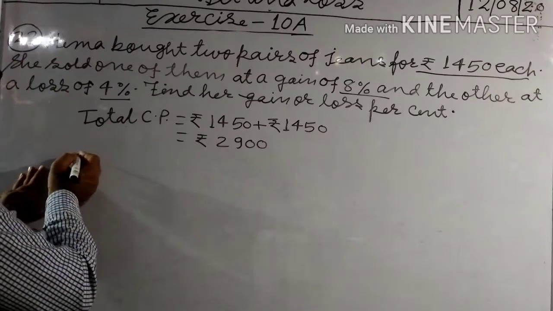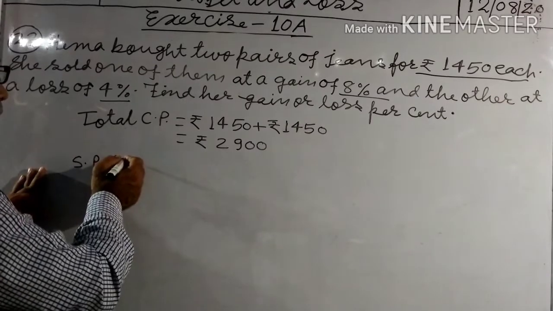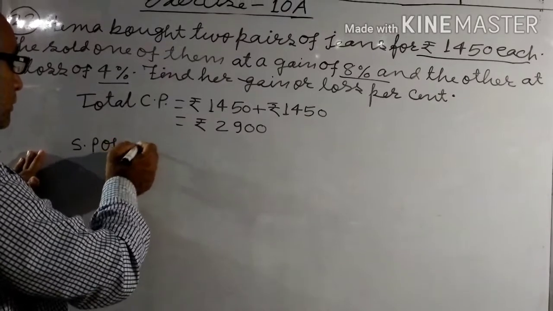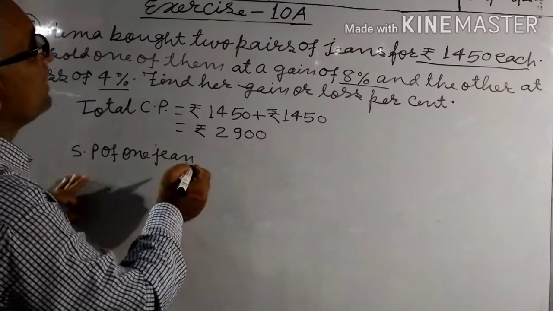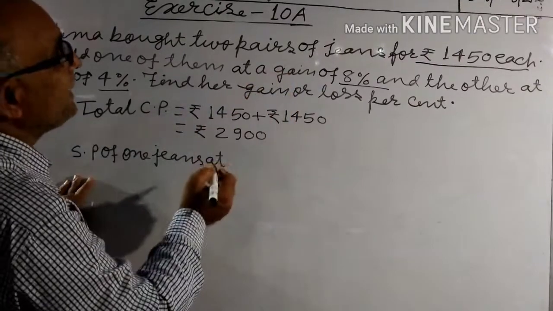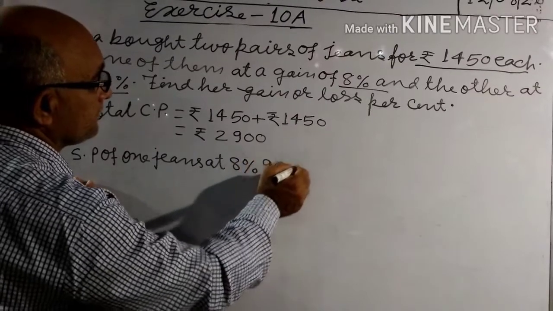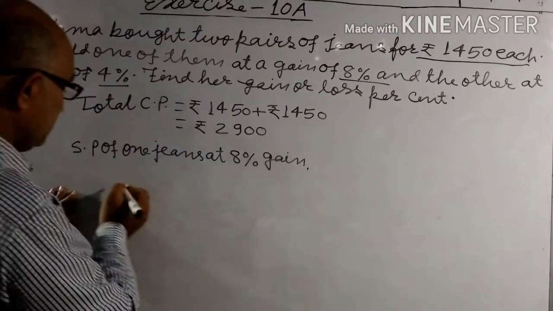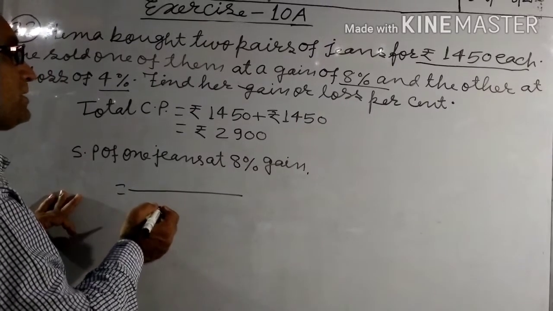Now SP of one jeans at 8% gain equals formula CP into 100 plus gain percent.